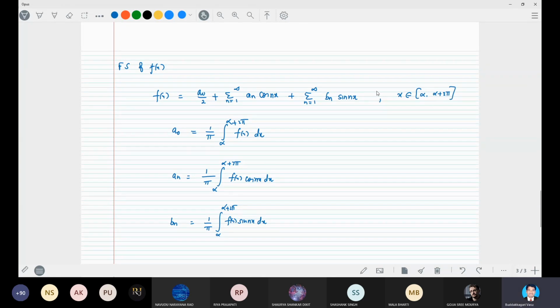That is, considered f(x) is a periodic function of period 2 pi in this period alpha to alpha plus 2 pi, right? Alpha is any number.